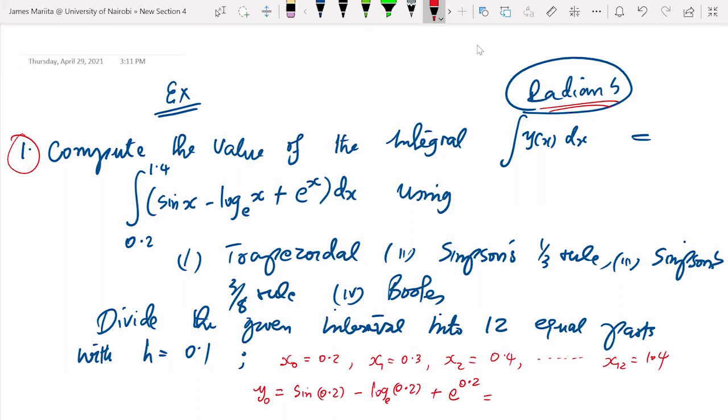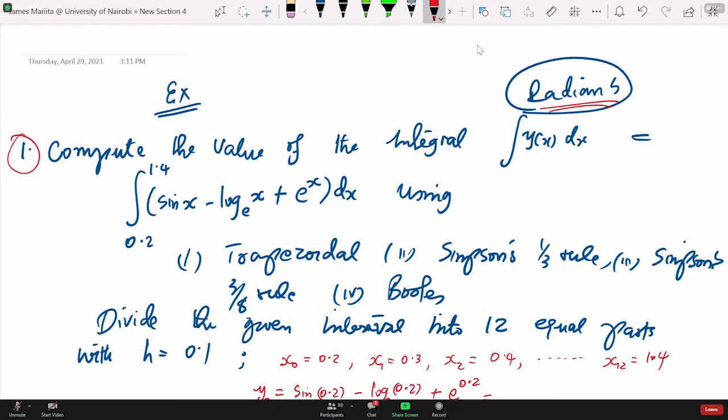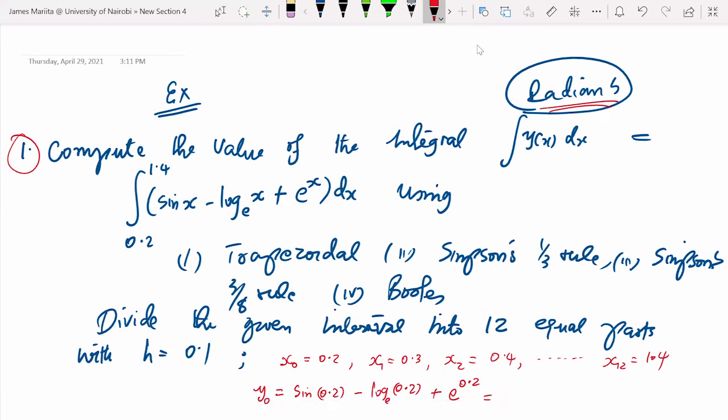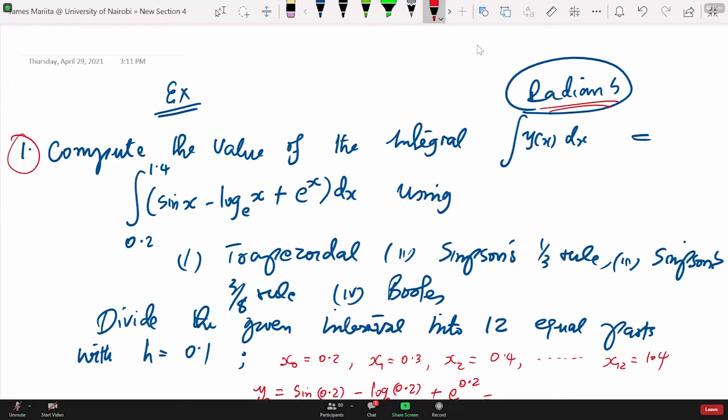It's 0.1105. Are you working with radians? Yes, with radians, I have 0.1105. What about degrees? With radians, actually it's 3.0295.